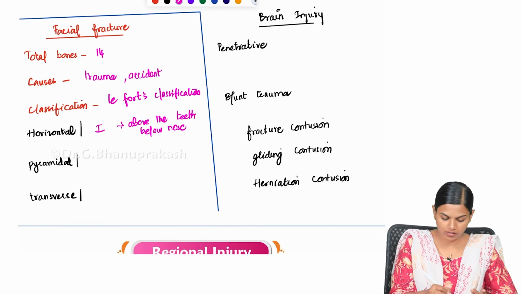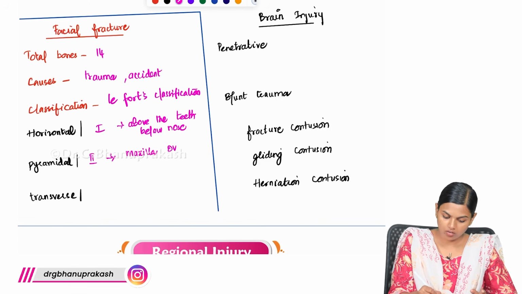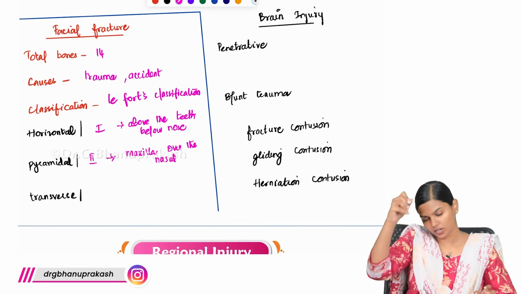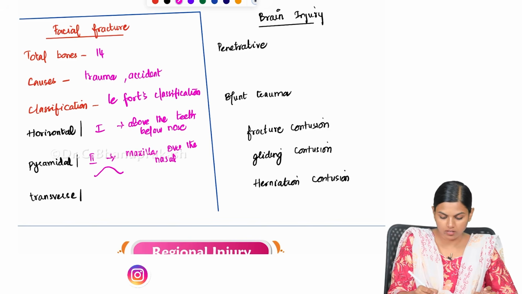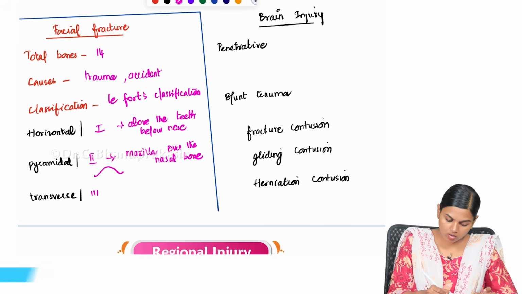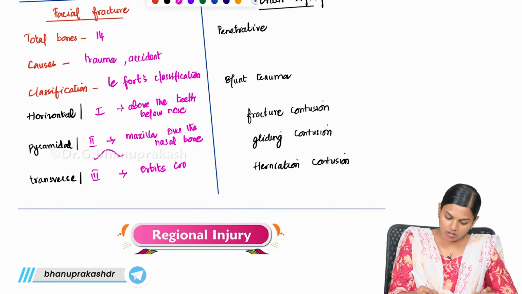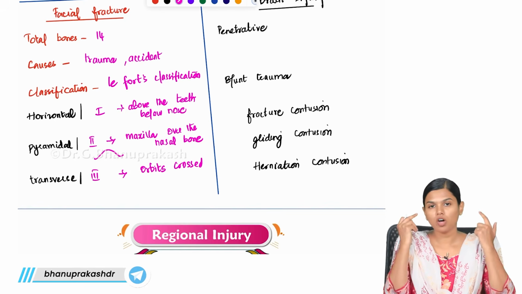Lefort 2 is also known as pyramidal. It will go from the maxilla and over the nasal bone, like a pyramid-like structure. It will go above the nasal bone. And transverse or Lefort type 3 is an intraorbital fracture, where it will cross the orbit, both the orbits are crossed.